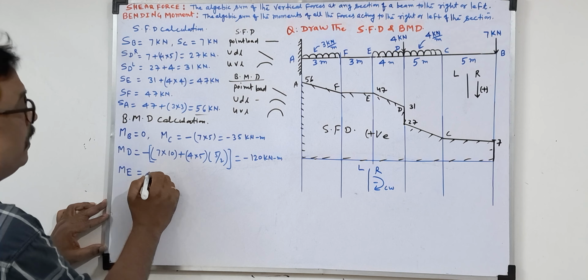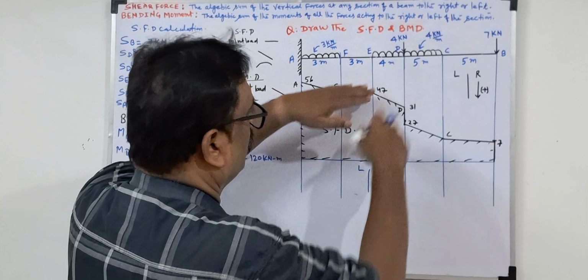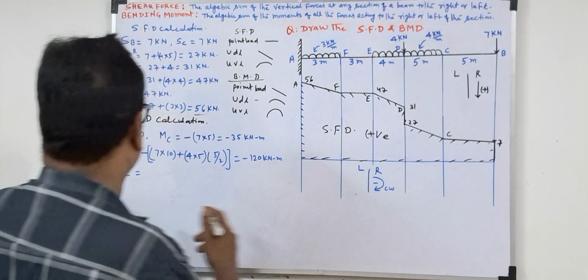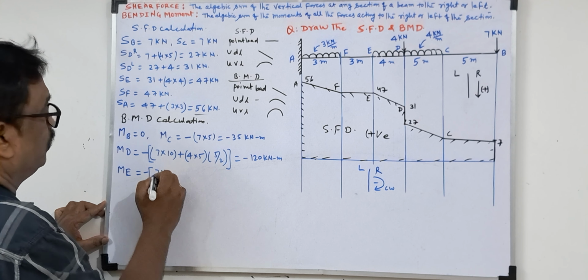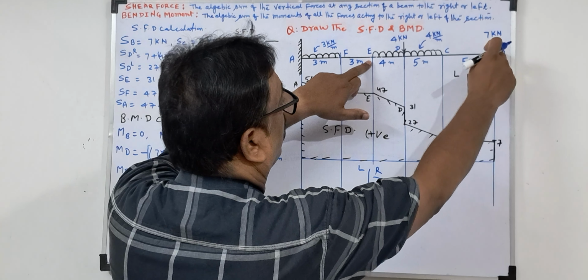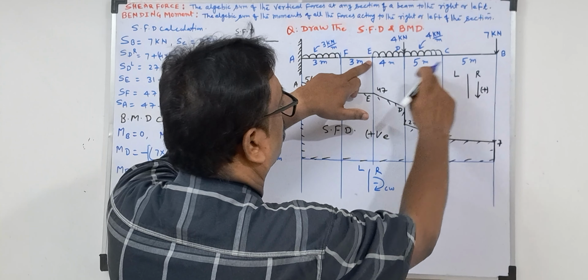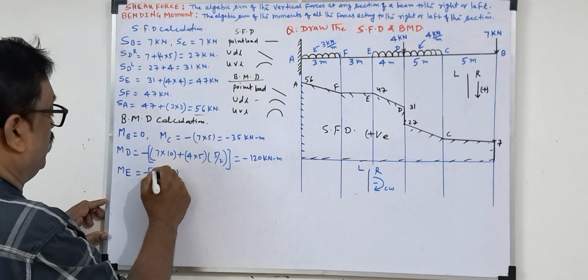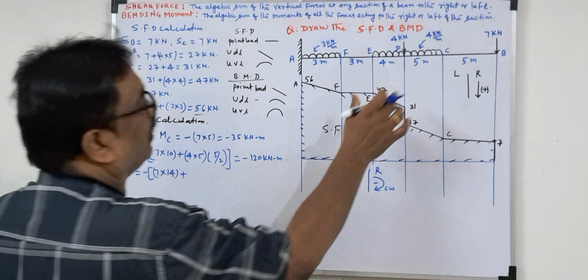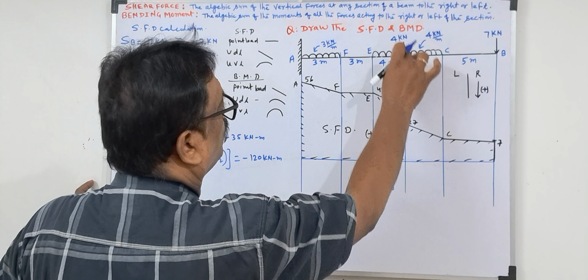ME. Again all is coming clockwise only, from the right side. So everything will come negative only. So take negative common. Now 7 into total distance, how much at E? 10 plus 4, 14. Plus, at E you are taking this load as a point load.